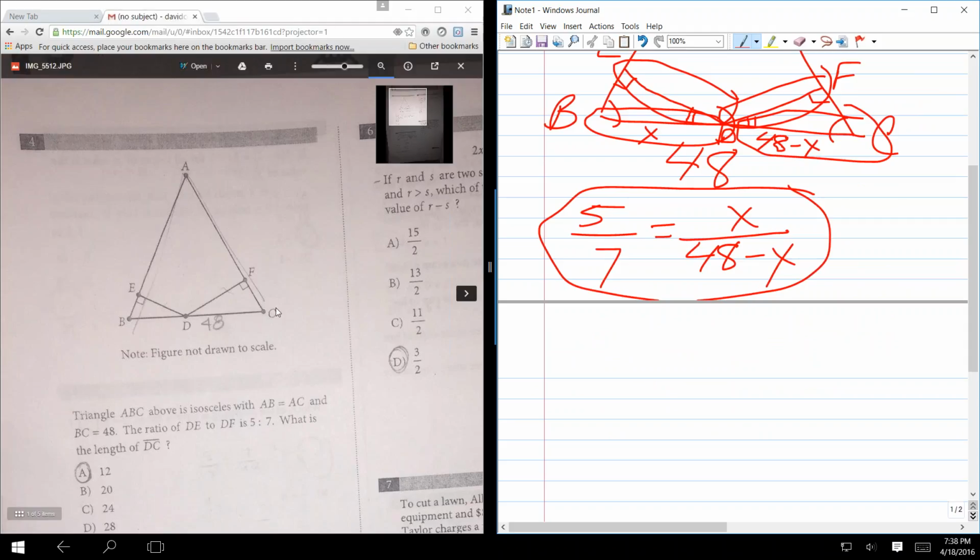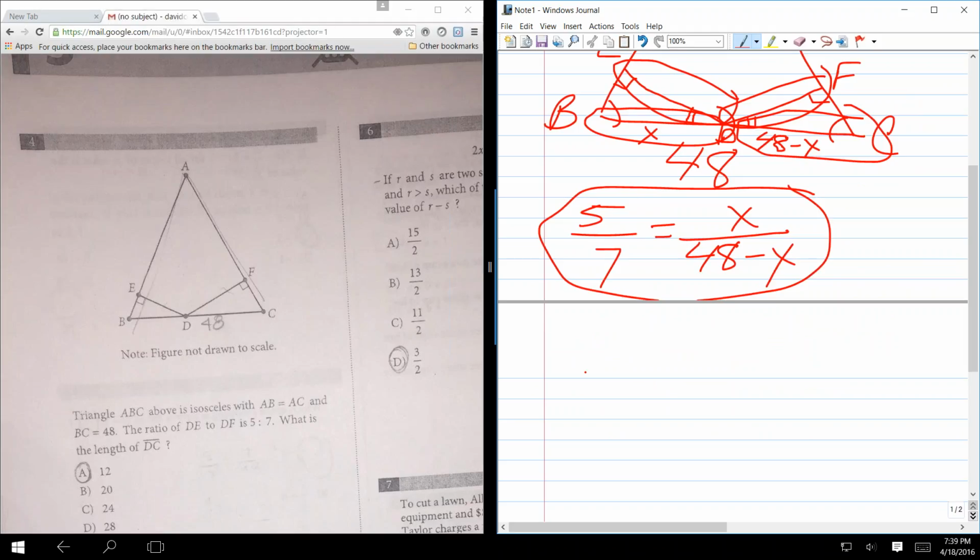Well, DC is 48 minus x. So let's solve for x first. What's the next step? Would you multiply 48 to get that to the other side? Yeah, usually whenever you have a fraction equals another fraction, cross-multiplying is what you want to do.